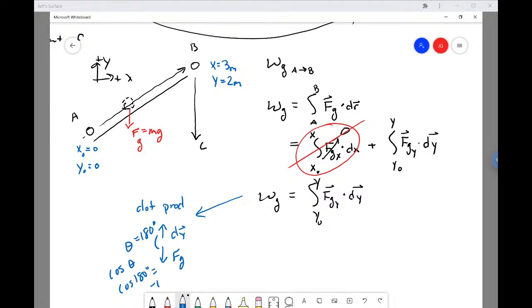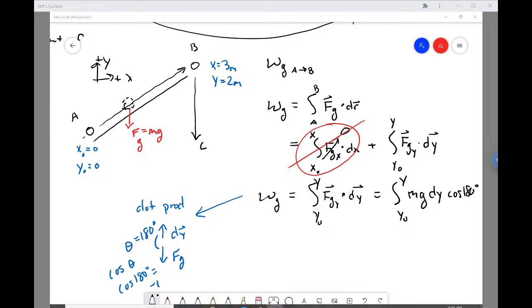equals -1. Okay? So what we have over here is, let's write in the force of gravity. It's mass times g times dy, cosine of 180 degrees. The dot product brings in the cosine of 180 degrees, so that brings a -1. M times g is constant.